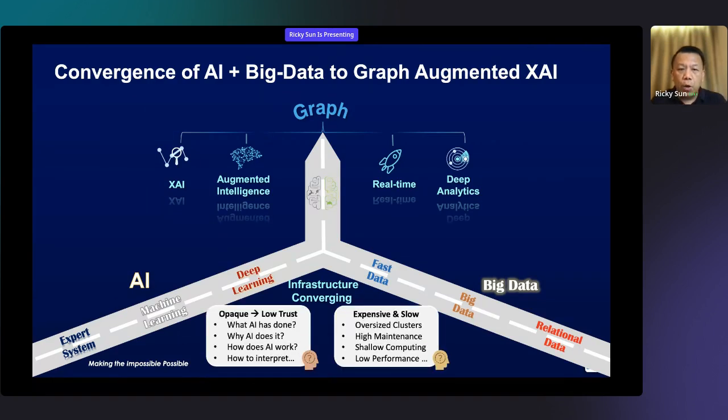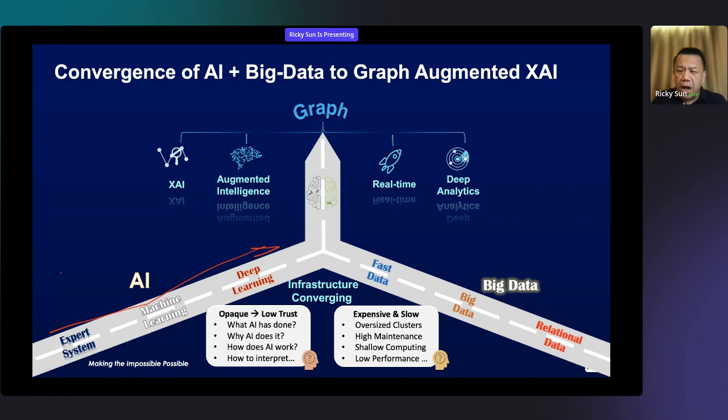So over the past 40 years, we're seeing AI going from expert systems back in the 80s and 90s to machine learning and to deep learning and to today's OpenAI and ChatGPT. That's what we have been seeing in AI.